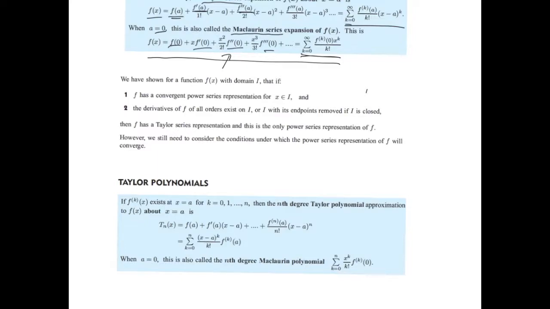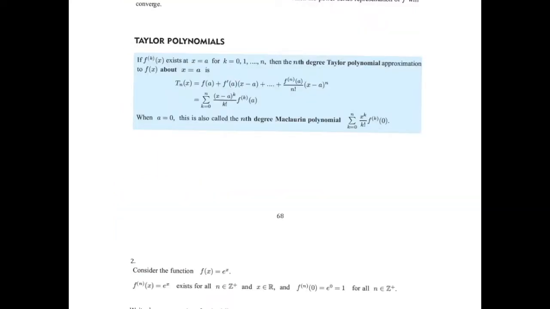However, we still need to consider the conditions under which the power series representation of f will converge. This here kind of says if the kth derivative of f exists at x equals a, then for k from 0 to n, the nth degree Taylor polynomial approximation of f about x equals a is this.